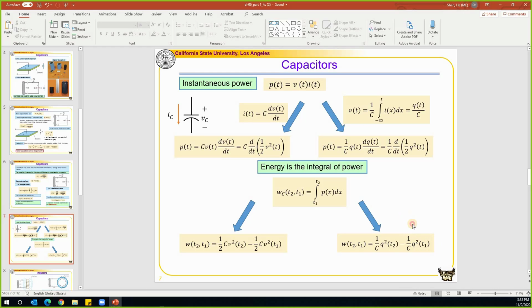And if we know the energy at time t1 is equal to 0, the energy at any time t will become 1 over C times q squared at time t. So here are the two different ways to calculate the energy stored in a capacitor.